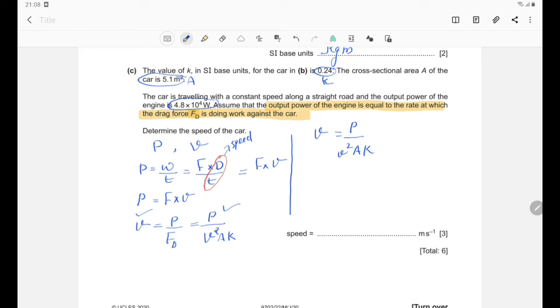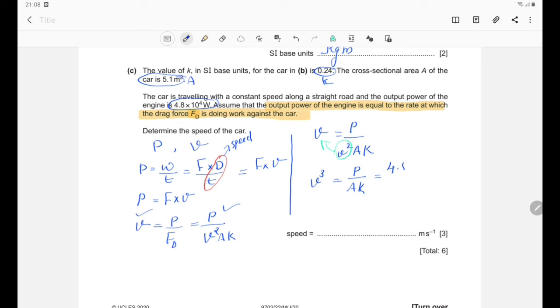So there are velocity at RHS and LHS. So I am going to take the velocity from this denominator to numerator. So we will get V cube is equal to power over area of cross section into constant K. Now we have all the values, you can directly substitute.